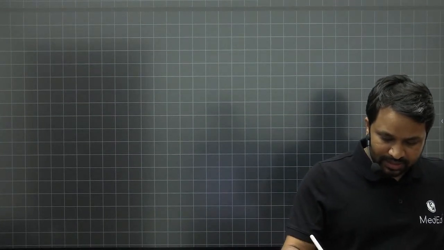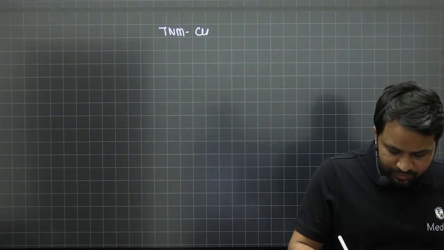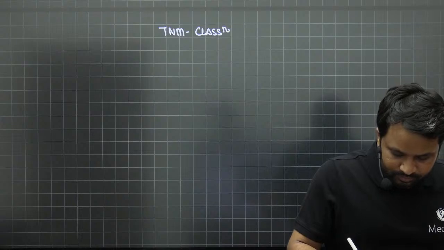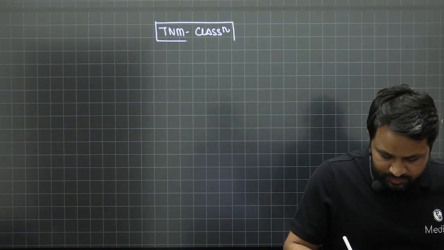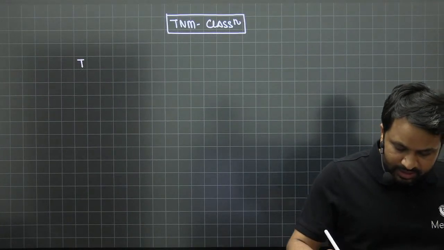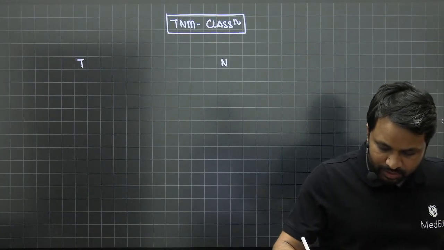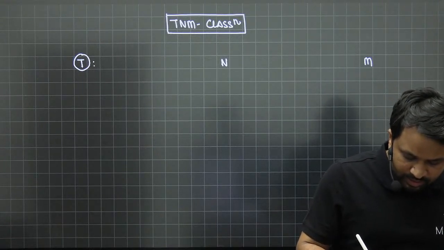So we have a classification which is called the TNM classification for breast cancer. In the TNM, we classify the entire breast cancer into three components. T basically assesses the size of the lesion.